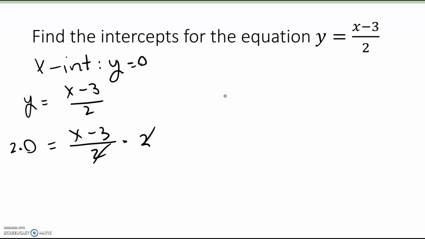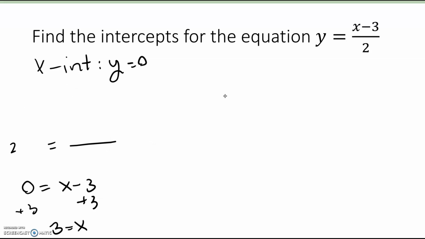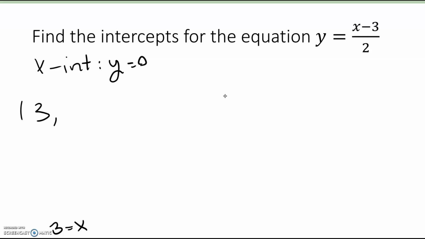That cancels out, and 2 times 0 is 0, so 0 = x - 3. I'm going to move that 3 over to get x all by itself, so x = 3. My ordered pair for the x-intercept is (3, 0).